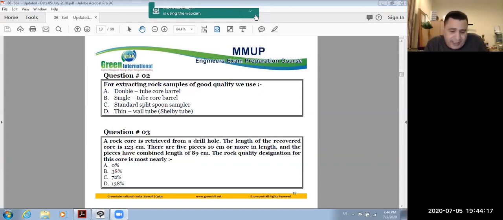The total length of these pieces of 10 centimeter or more is 89 centimeter. So the rock quality designation for this core is most nearly what?